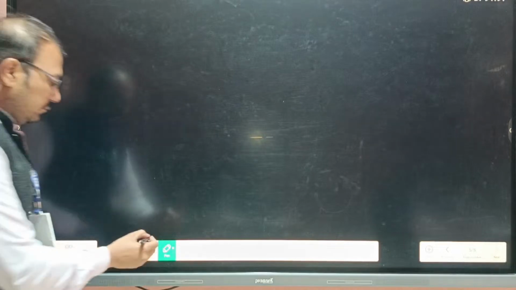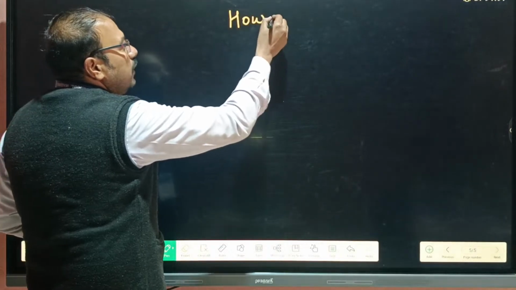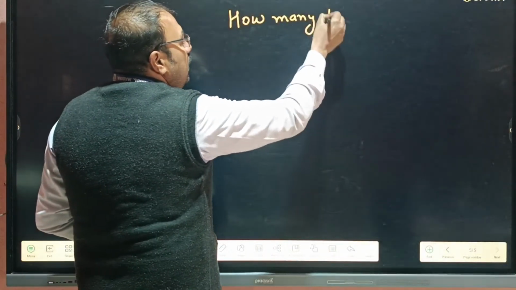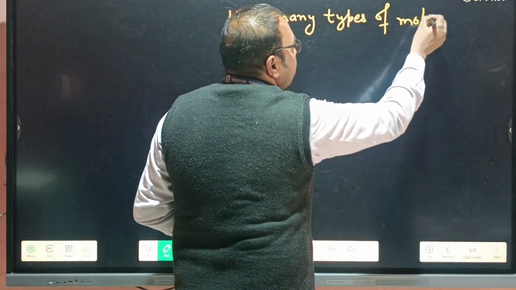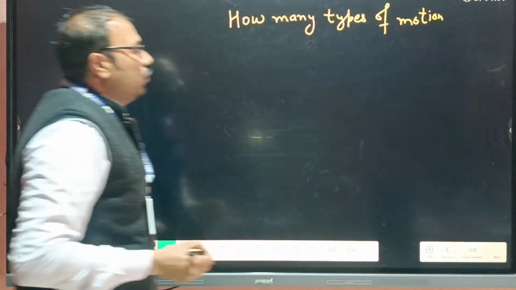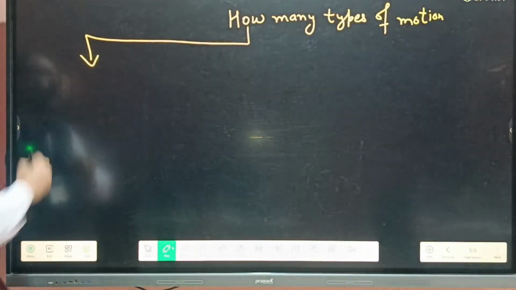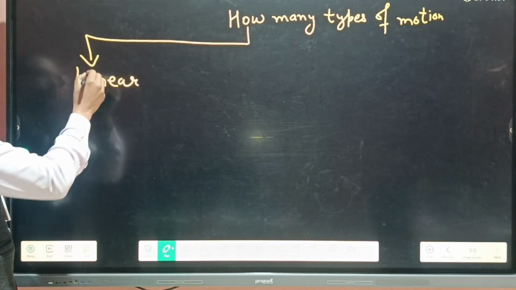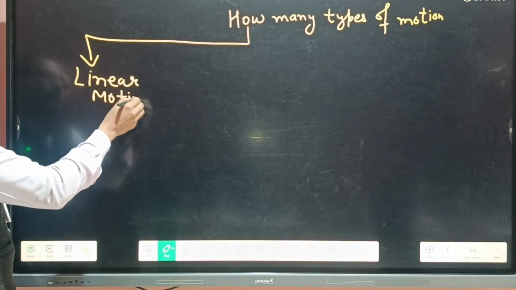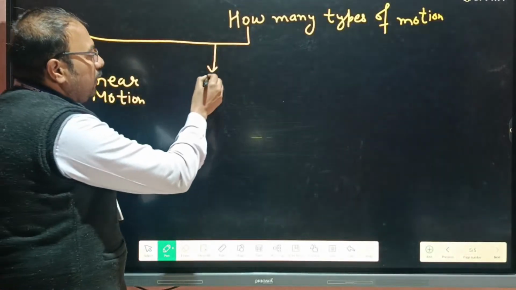So here, how many types of motion? Motion can be divided into 4 types. First is linear motion. Second is circular motion.